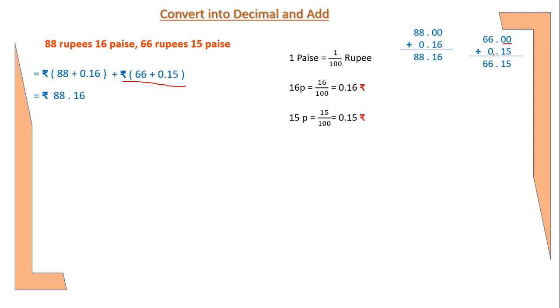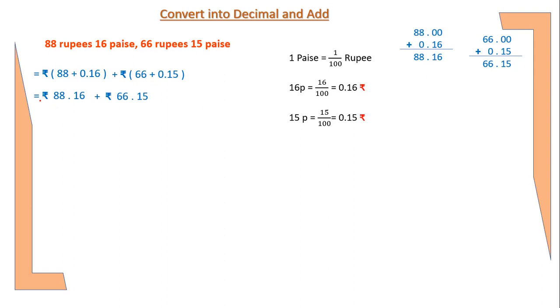After arranging 0 in ones, decimal point below the decimal point, 1 in tens, 5 in hundreds, I will add these two numbers. After adding this one, 0 plus 5, 5, 0 plus 1, 1, decimal point as it is, 6 plus 0, 6, and this 6 as it is. Here we got sum as 66 rupees 15 paise, so that I will write here.